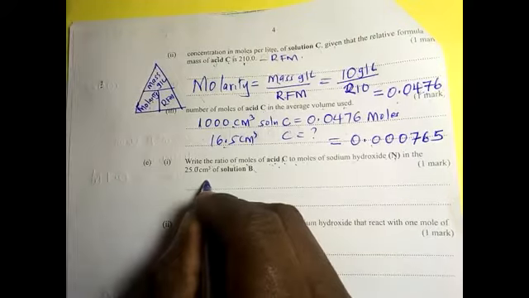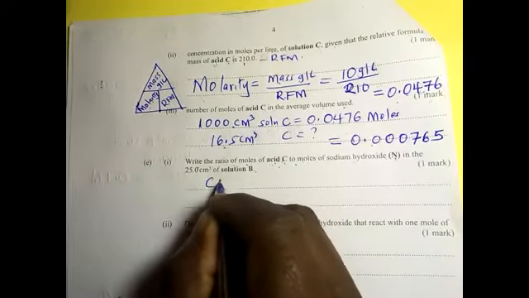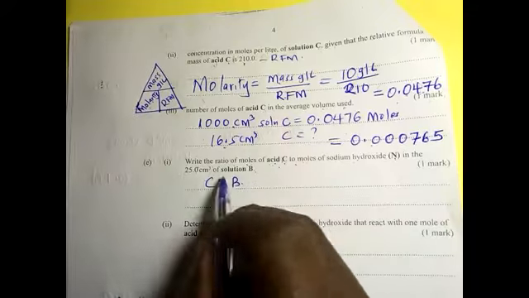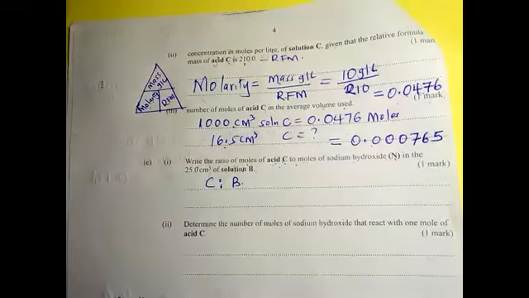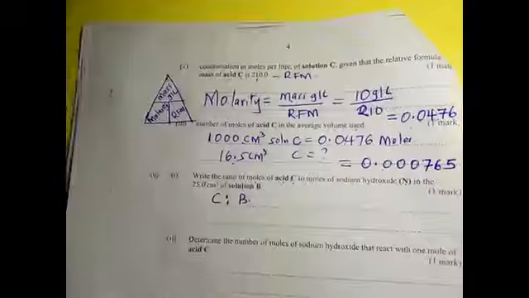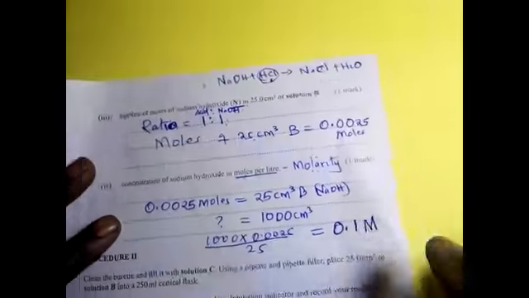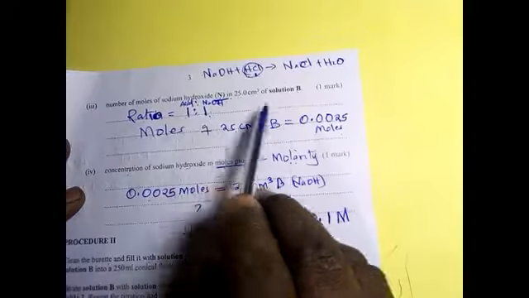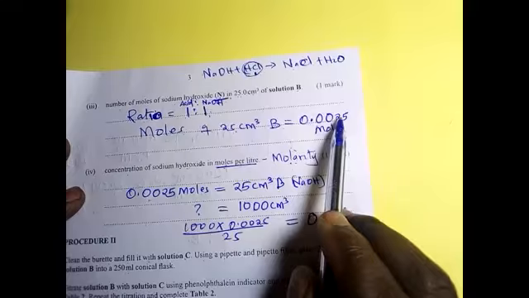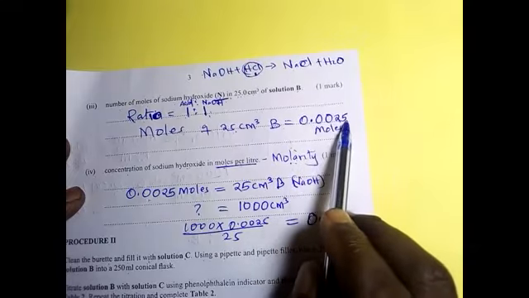So we are going to write the ratio of C to B. But the number of moles in B, we have it from here, because we are using moles N. This is our moles N. Our moles N is here, 0.0025.